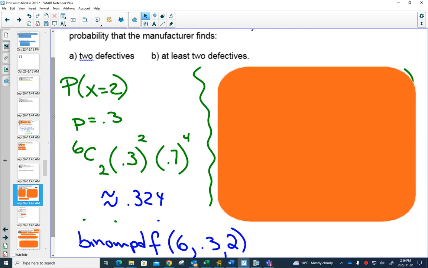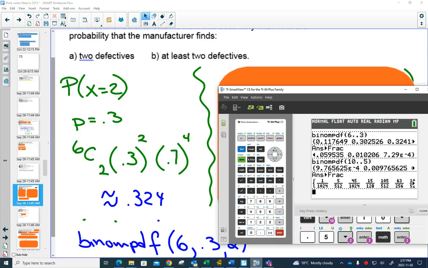Now, sometimes they'll say at least 2 defectives. So that would mean you could have 2 defective, 3 defective, 4 defective, 5 defective, or 6 defective. So you could do this as cases and find each of those probabilities and add them up. In other words, we could go back to our binomial PDF.